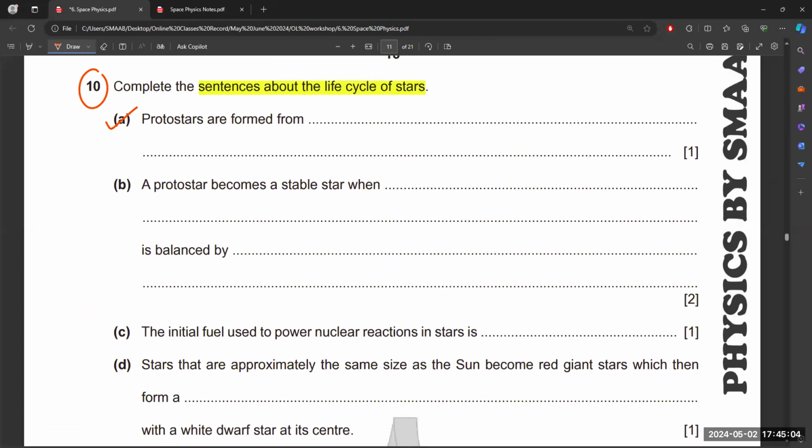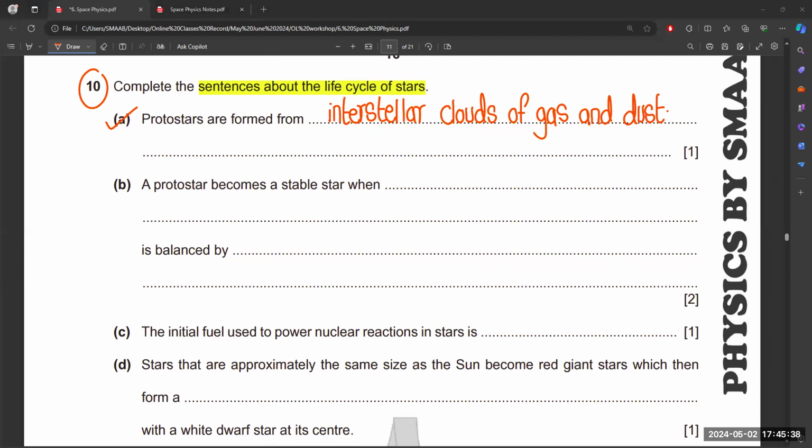Protostars are formed from the clouds of... So this is the formation of the protostar.